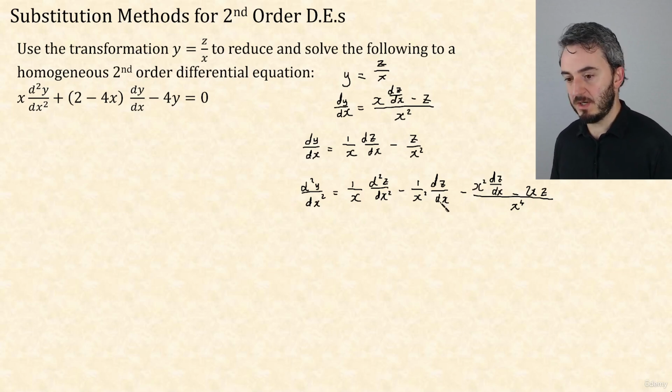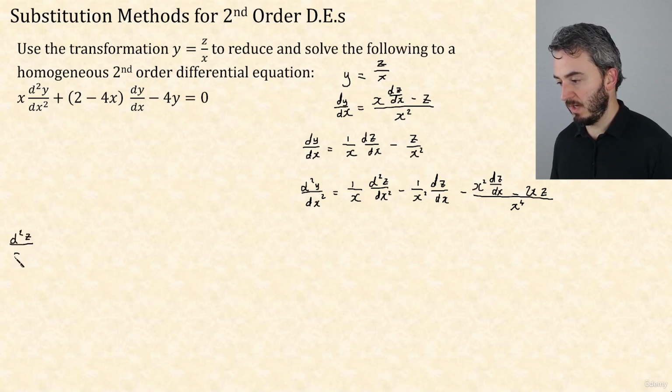So it's x times the second derivative. So I'm going to multiply this entire thing I've got over there by x. So that cancels the first term. So d2z by dx squared minus, that's just 1 over x dz by dx.